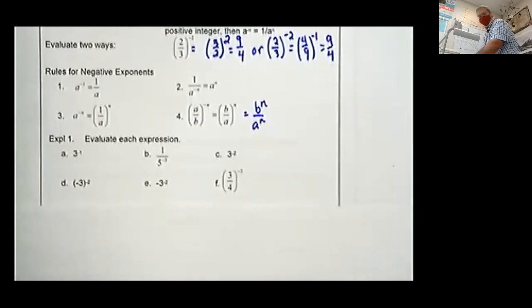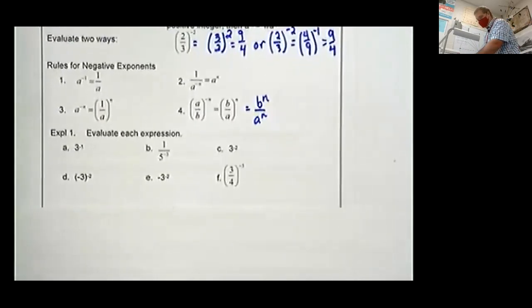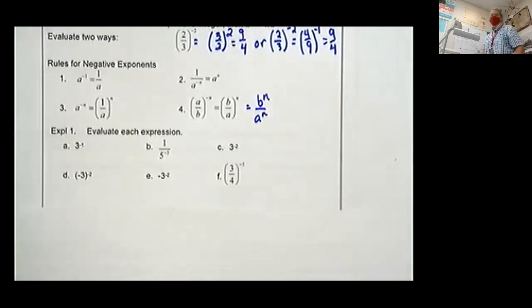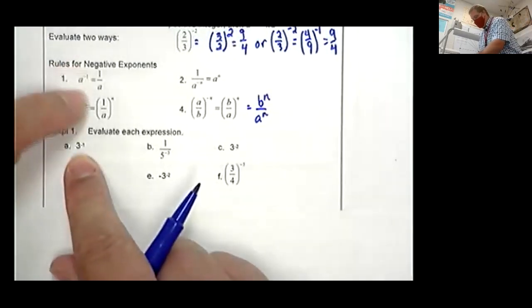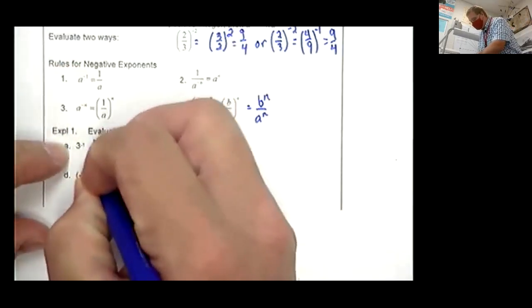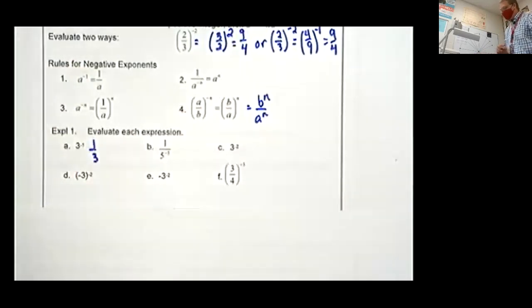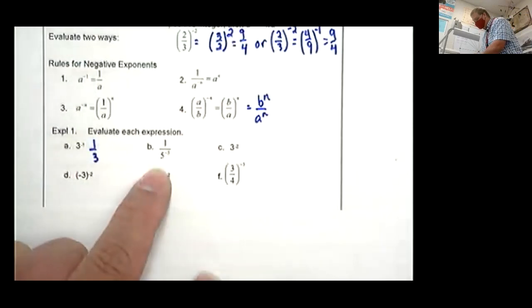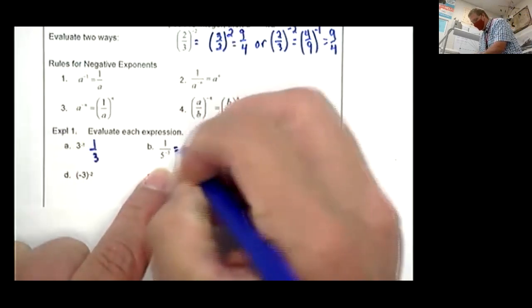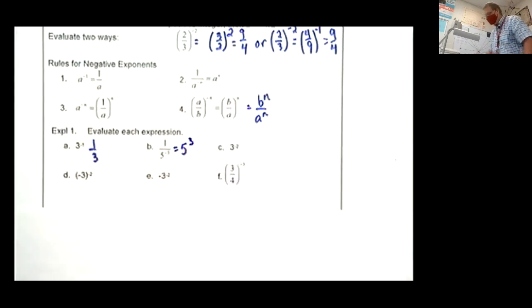So let's use those rules to evaluate these exponents, or powers. They're really powers. So here we go, 3 to the negative first. That's going to be our first rule, 1 over a. This becomes 1 over 3. It sends it from the numerator to the denominator. B, we're in the denominator. We're going to go back to the numerator. That's 5 to the third.